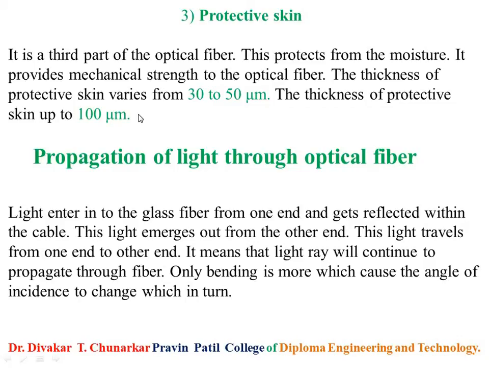The thickness of protective skin is up to 100 micrometer. To keep light within the core, the cladding must be of minimum thickness. The protective skin may be 100 micrometer thick, keep in mind.